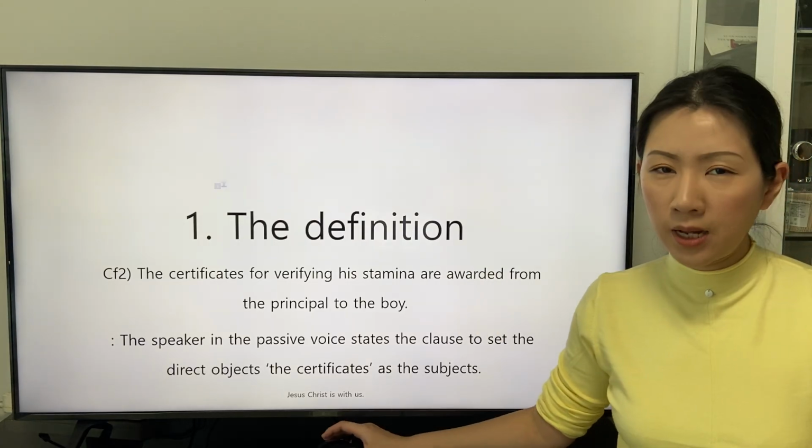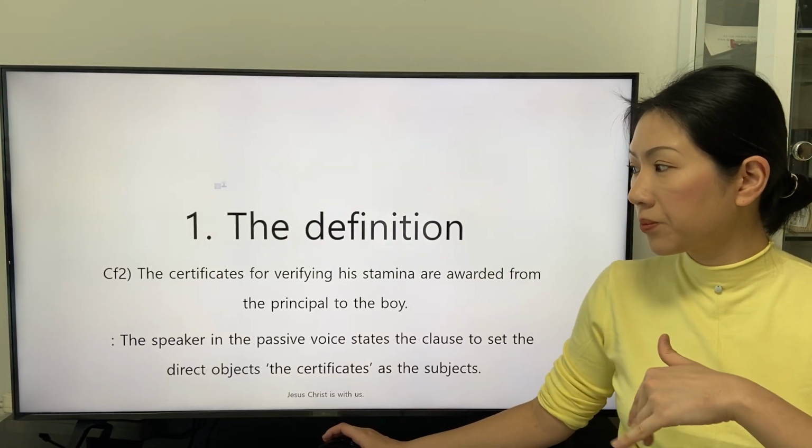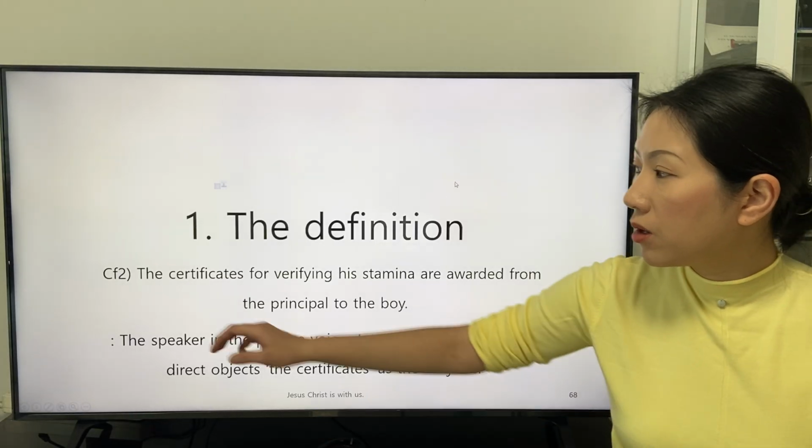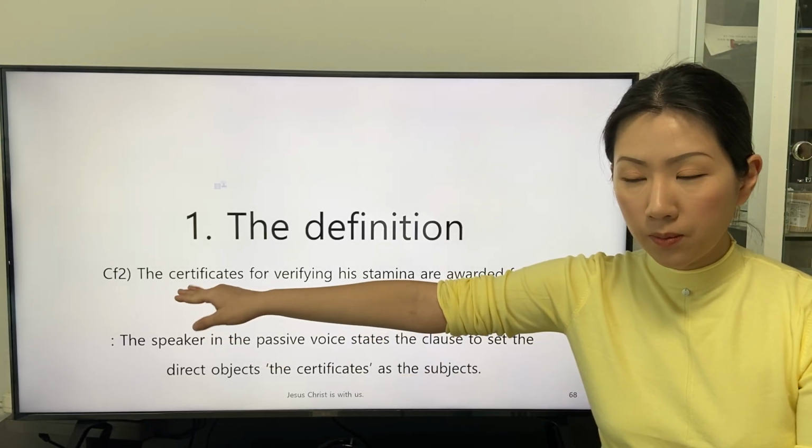We can also understand that this clause is stated from the perspective of the direct object.